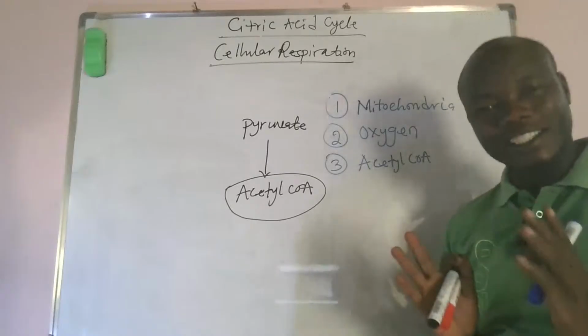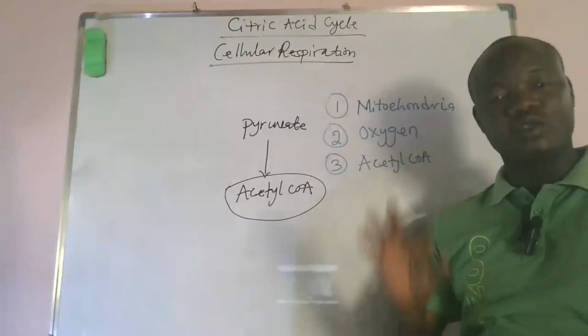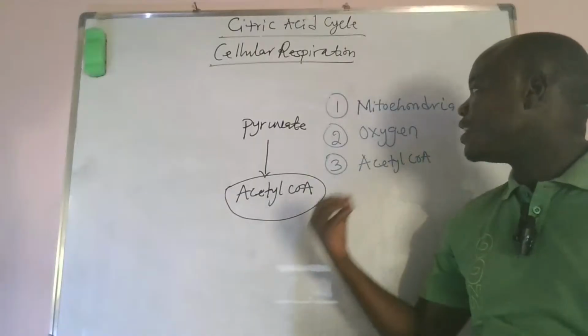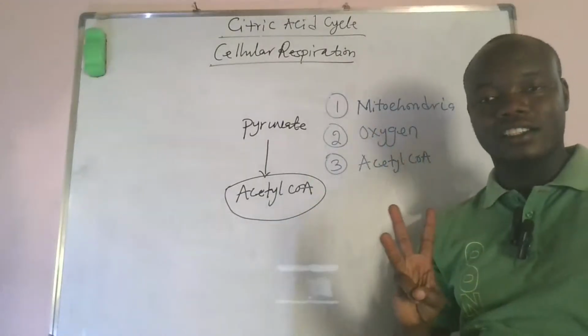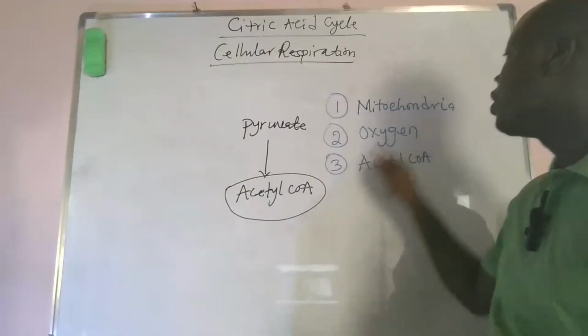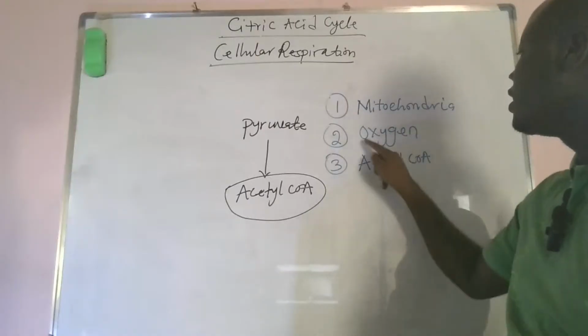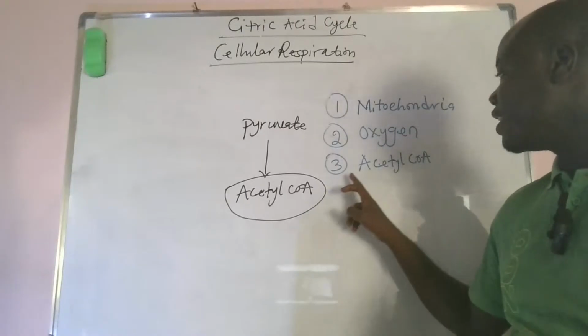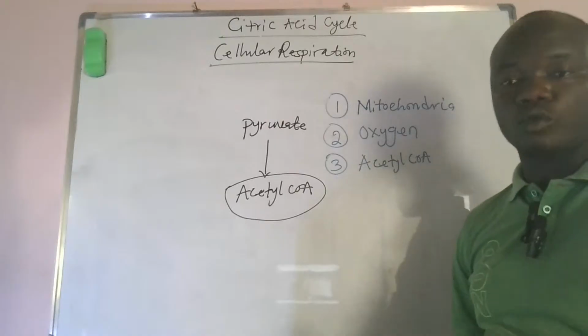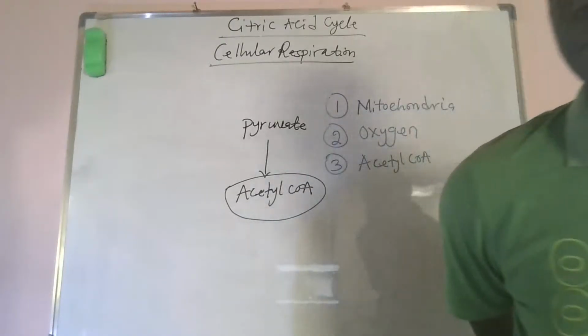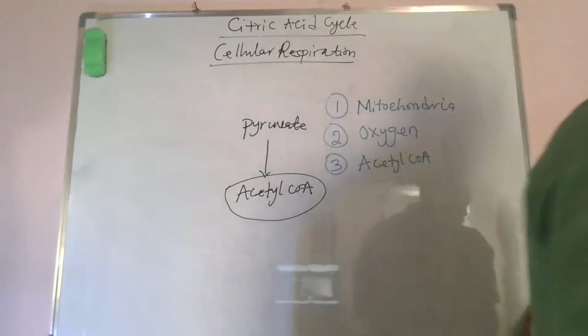Do you understand? We are starting at this point. For the citric acid cycle to occur, there are three things that you need. Number one, the cells must have mitochondria. Second, there must be oxygen. And three, there must be acetyl-CoA. Is that clear?